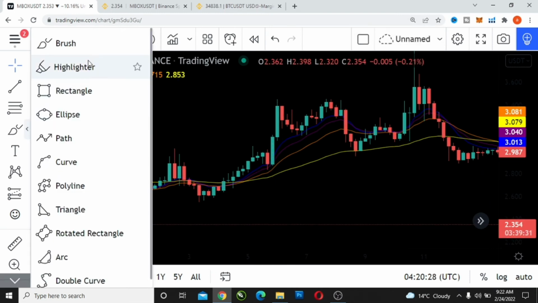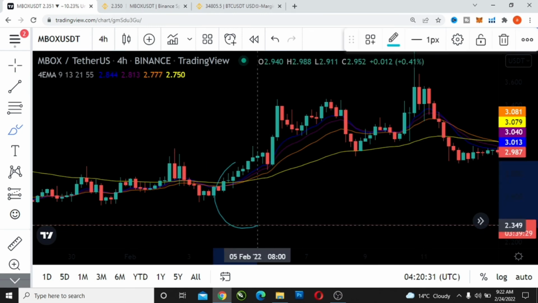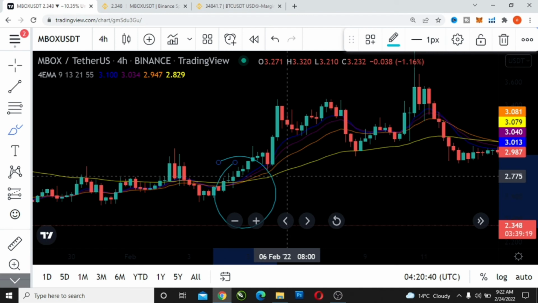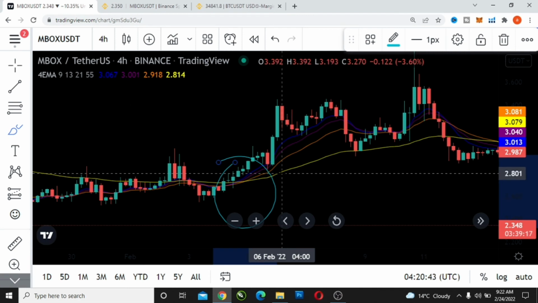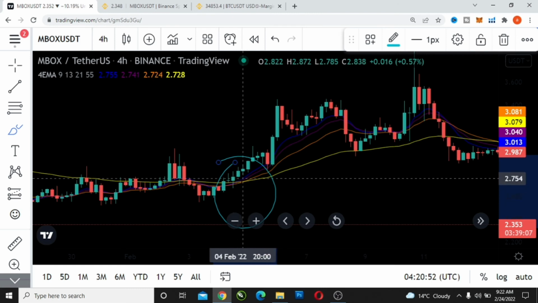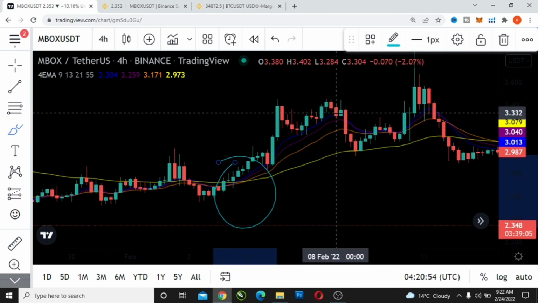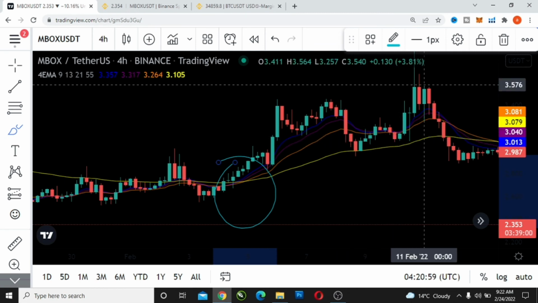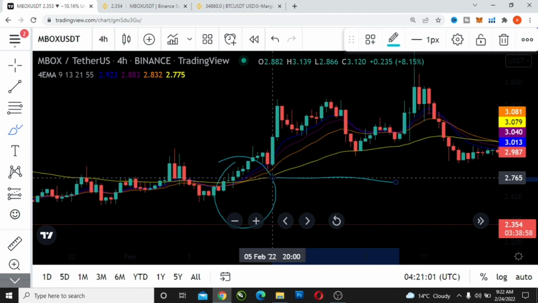And this is the particular area where the crossover actually happened. After the crossover, you can see that it is in descending order, like 55 is first, then 21, then 13, then 9. So this shows that right after this crossover, an uptrend has started. Until a crossover takes place again, the uptrend keeps on going.